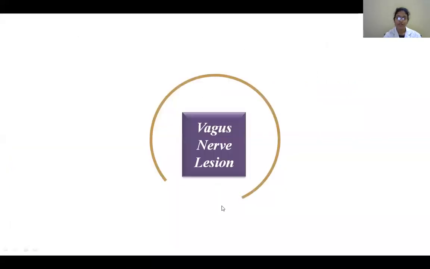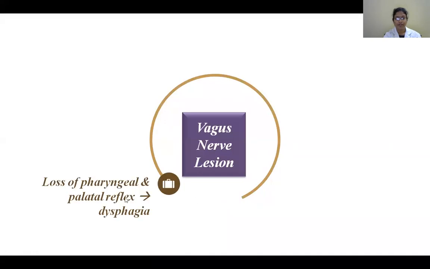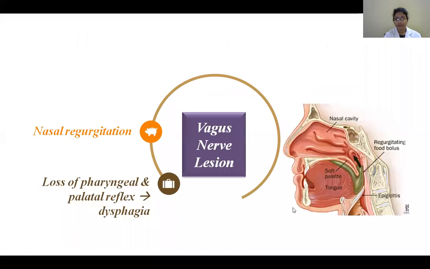The features of lesions of the vagus nerve would be, first, loss of pharyngeal and palatal reflex, which is associated with dysphagia, that is difficulty in swallowing. Then the person may also have nasal regurgitation. Now, why nasal regurgitation?